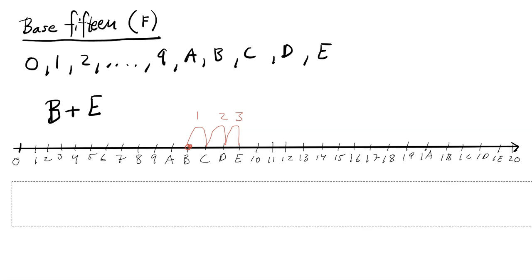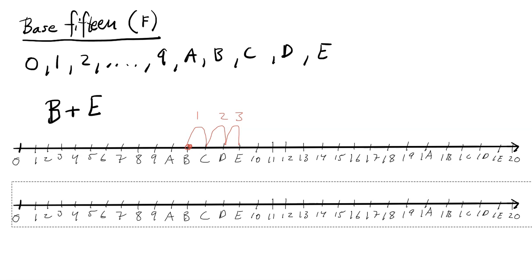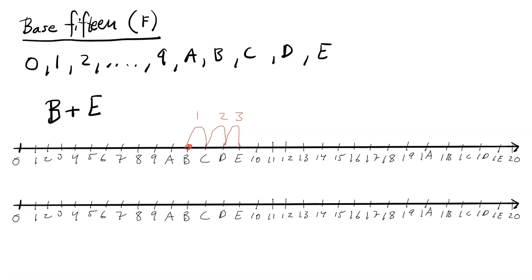So instead of jumping on the first one, it could be a good idea to have a second number line to work with. So we want to go E steps from here. If we take the second number line and move it so that it starts at B, then we can see directly how far we should go.